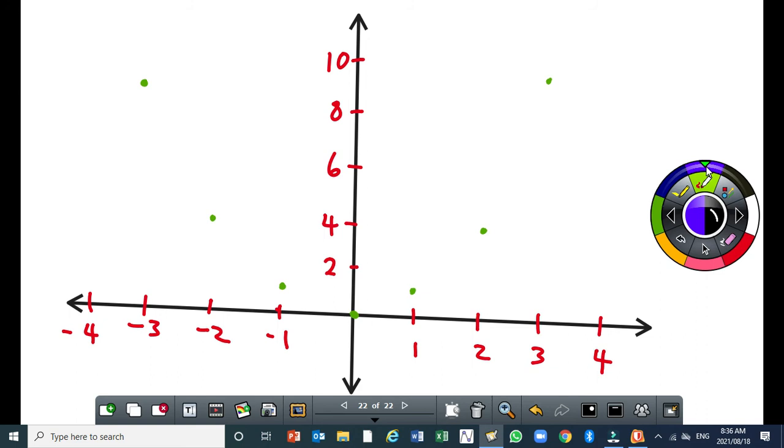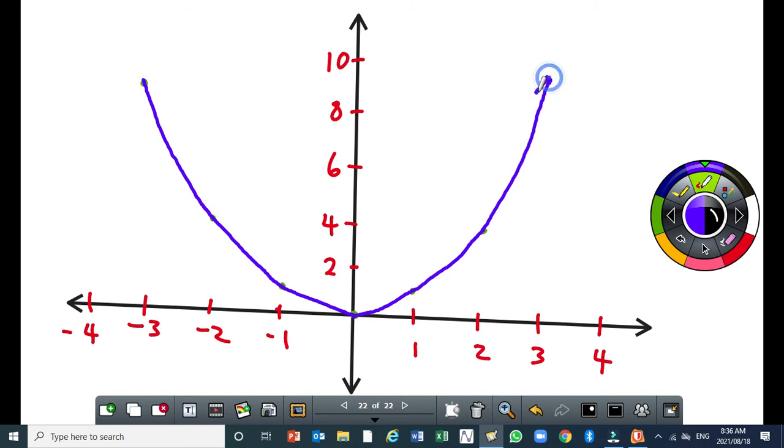So if I sketch this, it will look like this. Okay, it will look like that. And so let's put the x, the y.